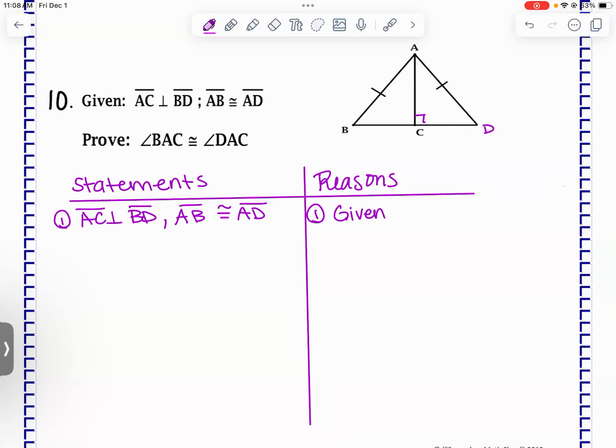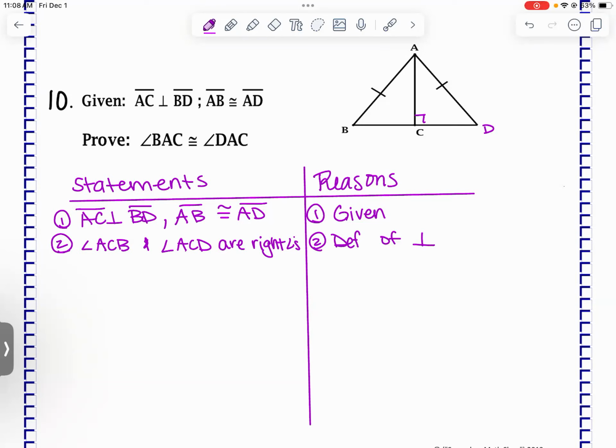Okay. So first of all, we know that since we have perpendicular lines, we know that angle ACB and angle ACD are right angles. How do we know that? Definition of perpendicular.